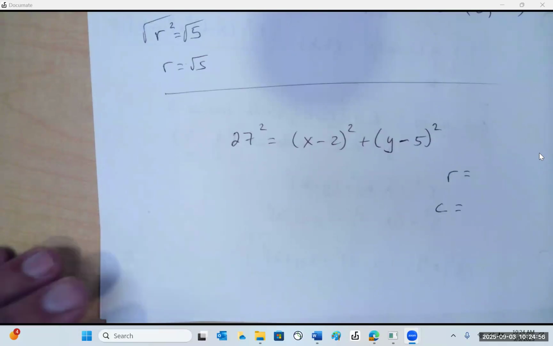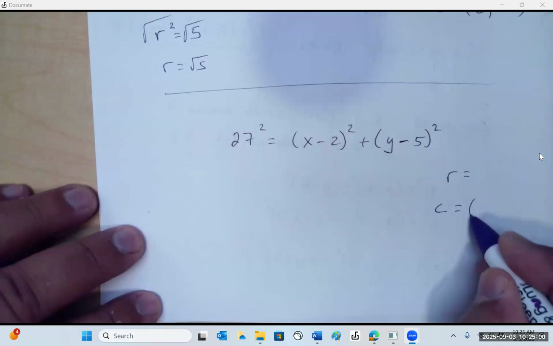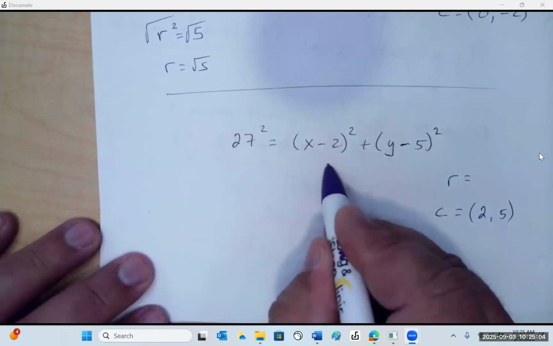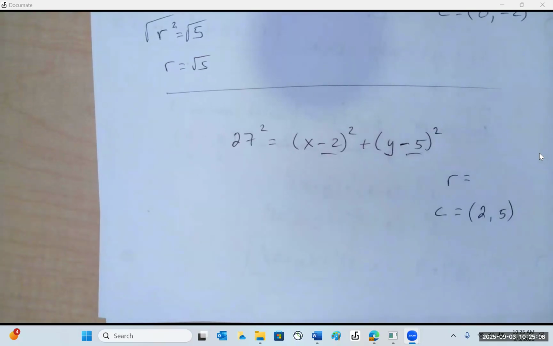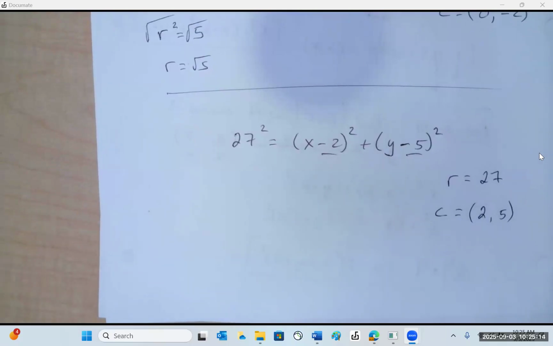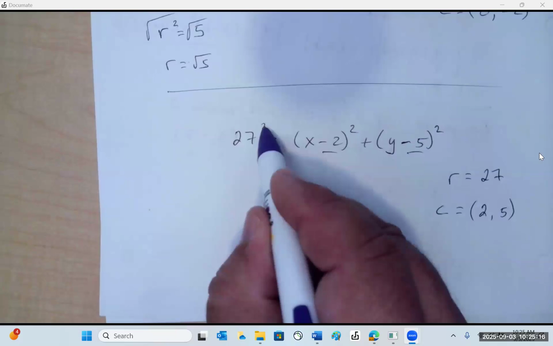Let's start with some easy. Please know if I have it correctly. It's H, K, opposite signs. What's my radius? Because it's squared.